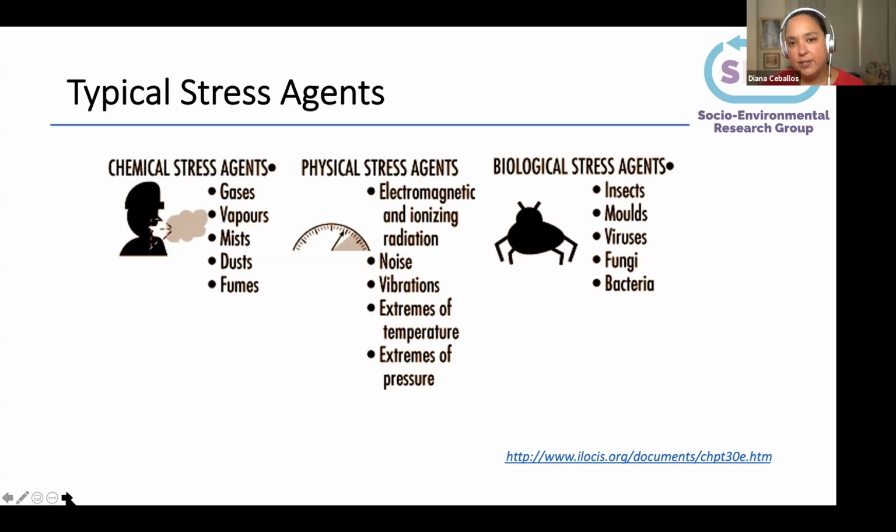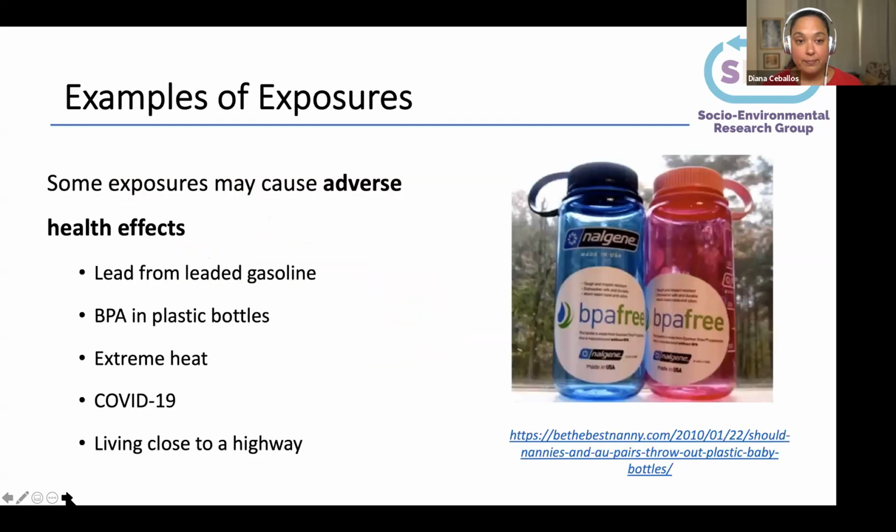So now typical stress agents include chemical, physical, and biological agents. Chemical could be, for example, solvents. Physical can be extreme heat or climate change. Biological, the COVID pandemic. And some exposures may cause adverse health effects.